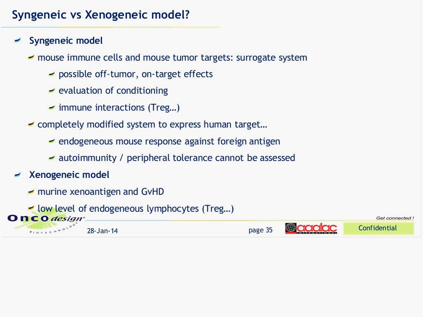And in this case, the drawbacks are mainly the capacity to have graft-versus-host disease from the transferred T cells, and also lack of endogenous lymphocytes that could affect the response to T cell therapies.